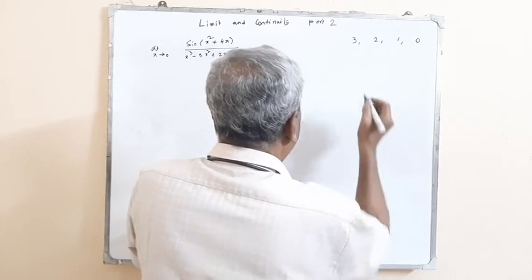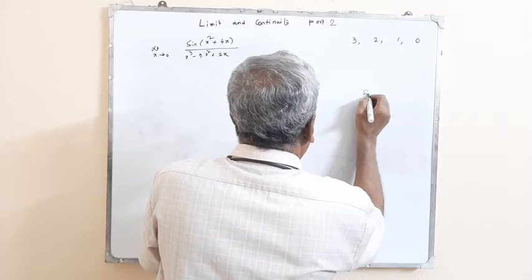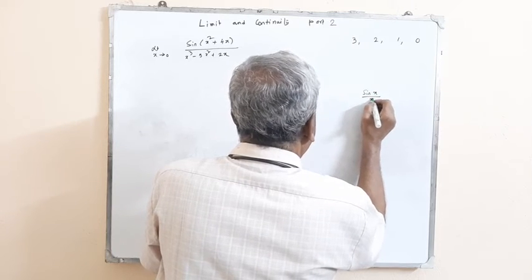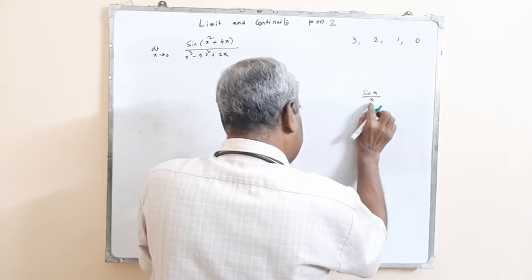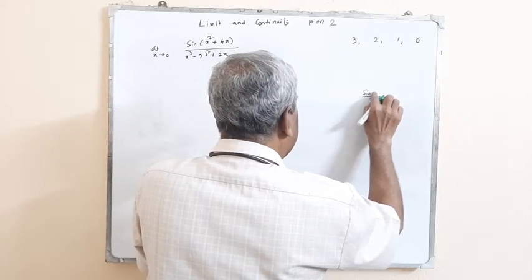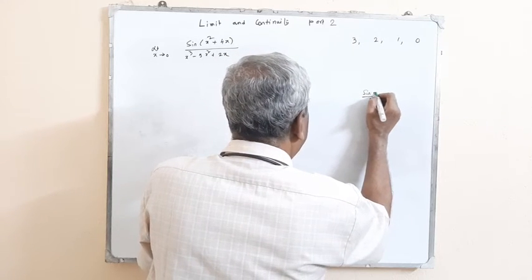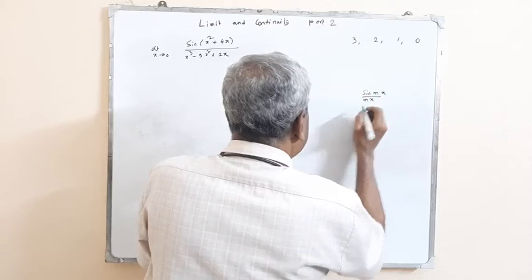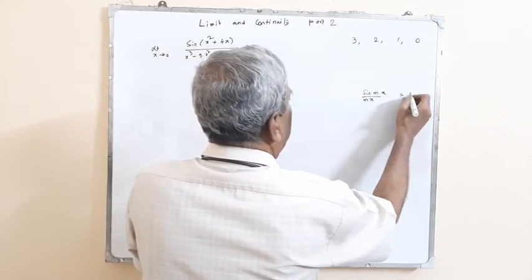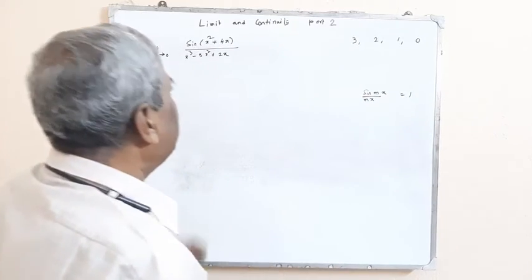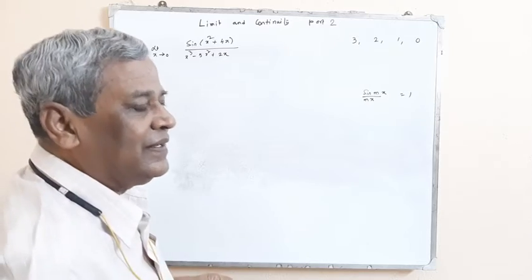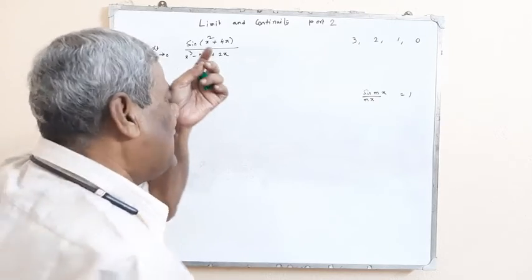About trigonometric functions, we have the only formula sin x by x. If it is sin x by x, then it is 1, or rather sin mx by mx, it is again 1. So in this case, it is not directly sin x by x of that type.